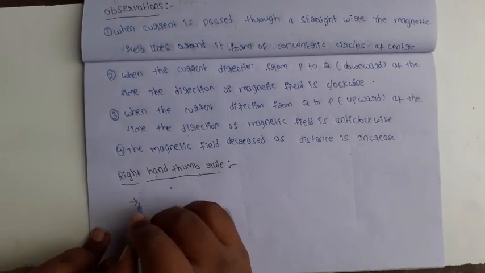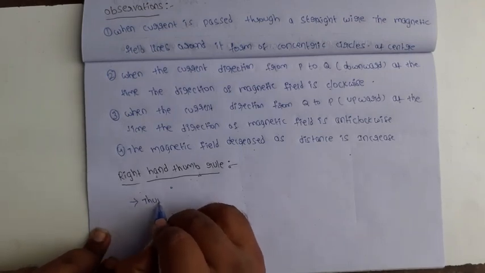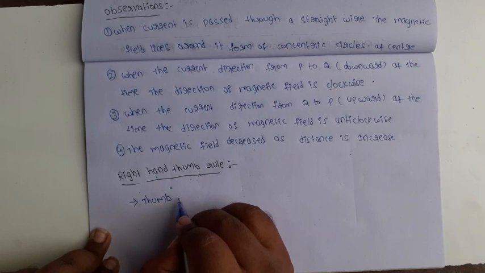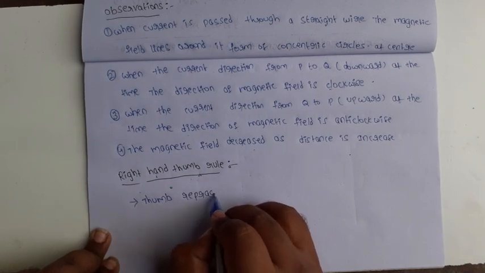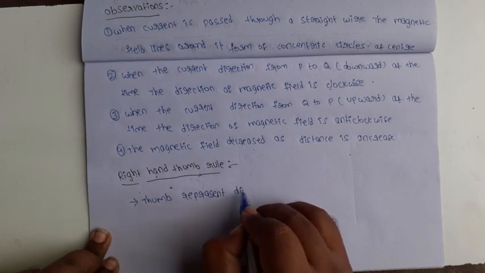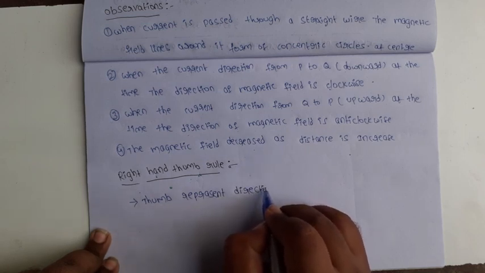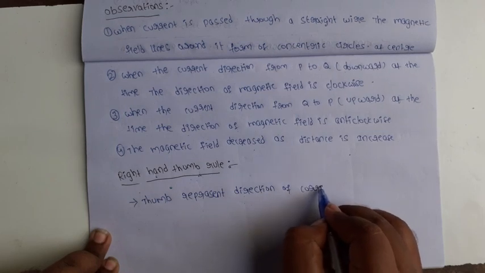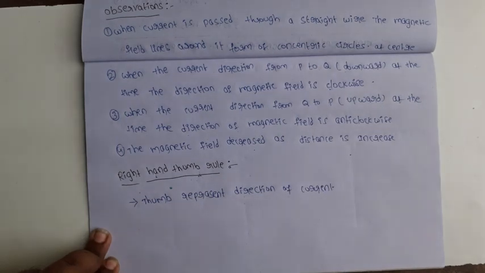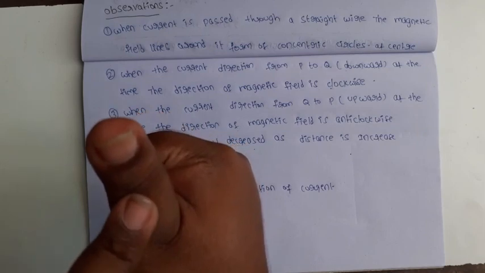Here are two main points. The thumb finger represents the direction of the current. Thumb finger represents the direction of the current, this direction or this direction, upward direction, downward direction.